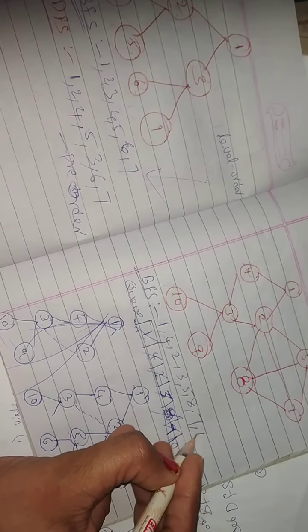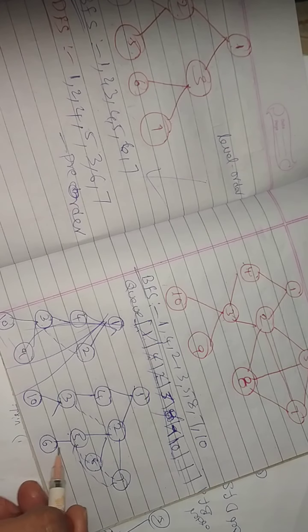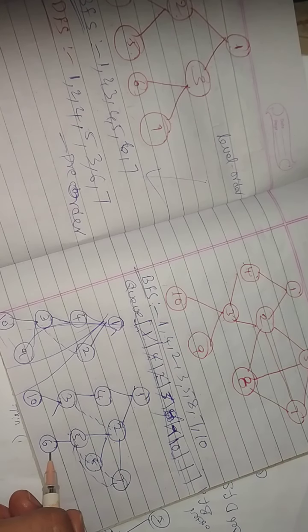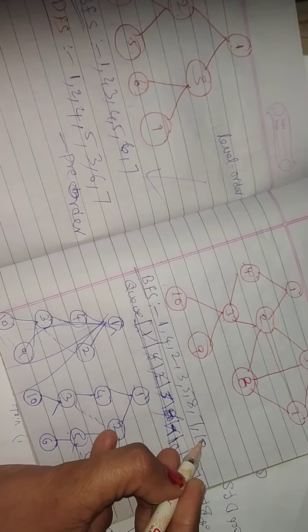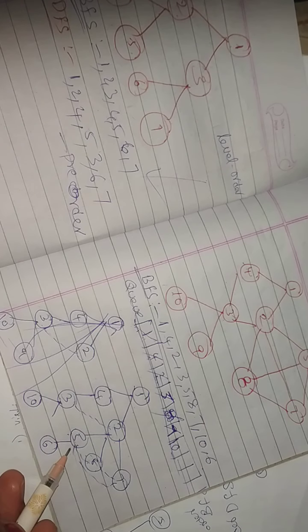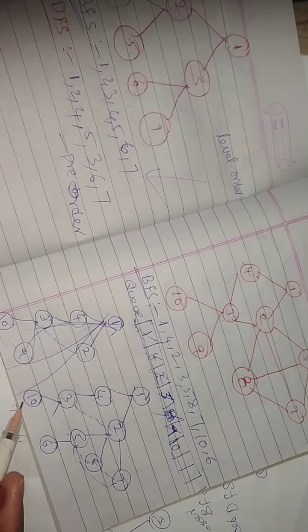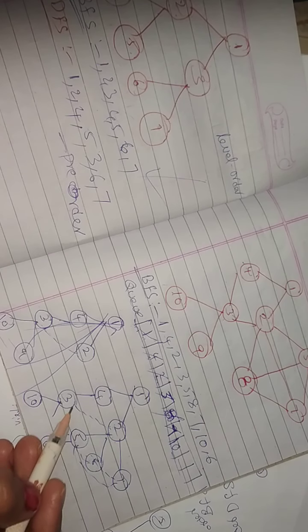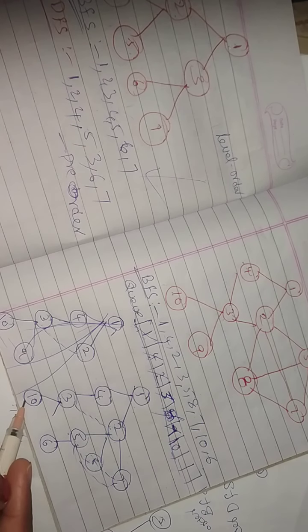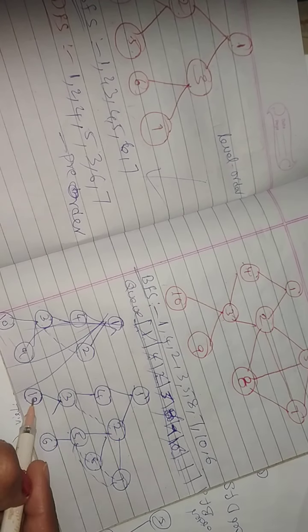So write here also 10. Okay. I missed writing 6. I missed writing 6. No problem. Write it here. Okay, no problem. 3 to 10. 3 to again. Okay, completed. 10 completed. So if 10 explores, nothing happens. So go back.